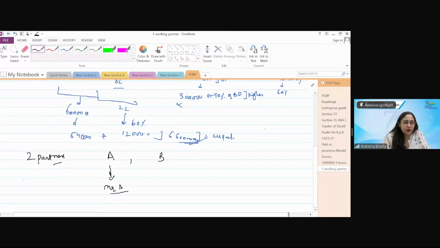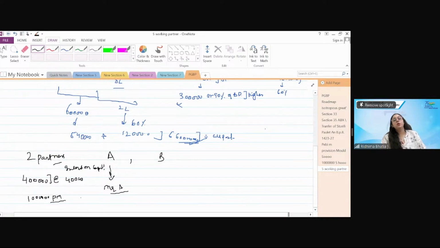interest on capital of 4 lakh rupees, 40,000. Okay, this is interest on capital. And think carefully. And the salary which he is getting is 1 lakh per month.